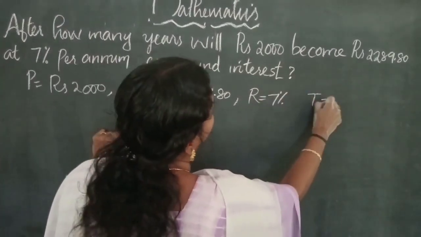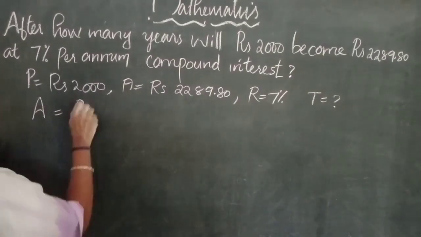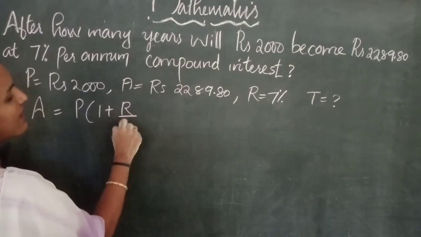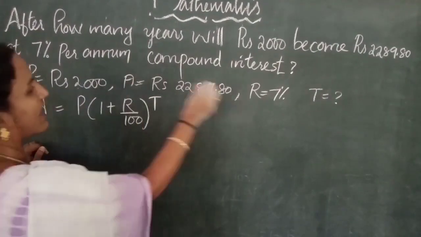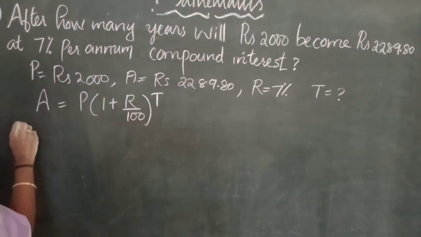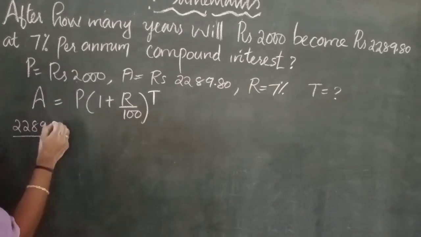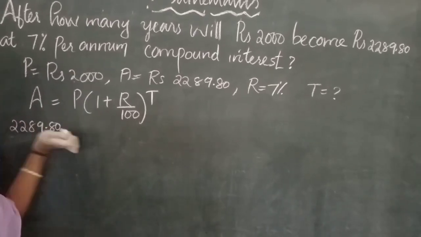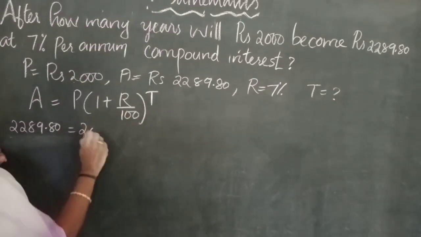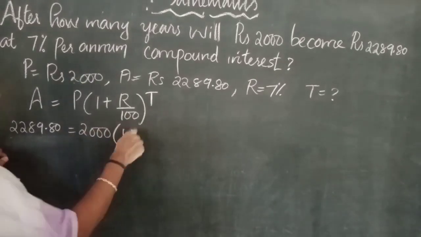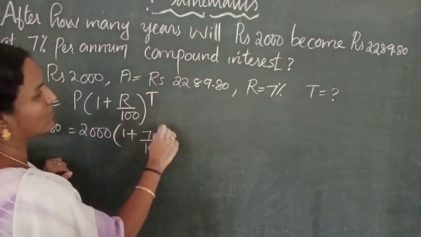We have to find T. So the formula, amount A is equal to P into (1 plus R by 100) the whole power T. Substituting the value of A, P and R in this equation: 2289.80 is equal to P, 2000, into (1 plus 7 by 100) the whole raised to T.